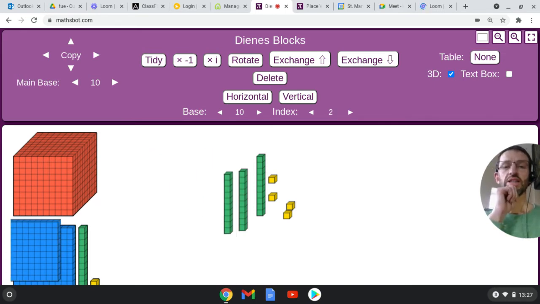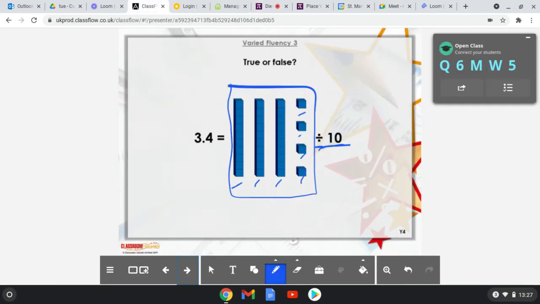So what they're saying is, if this number, which is 3 tens, so that's going to be 30, and 4 ones, so the number is 34, divided by 10, is that going to give us an answer of 3.4?